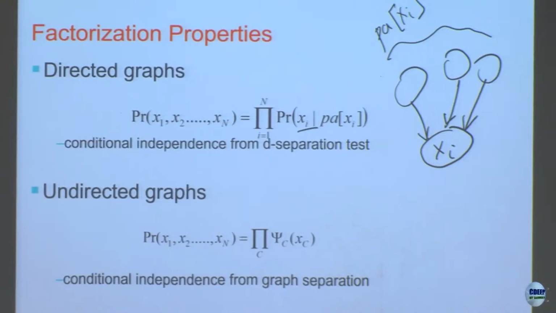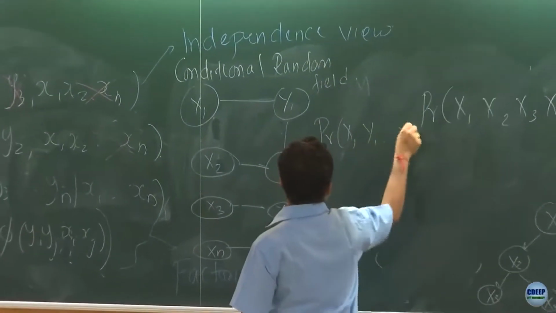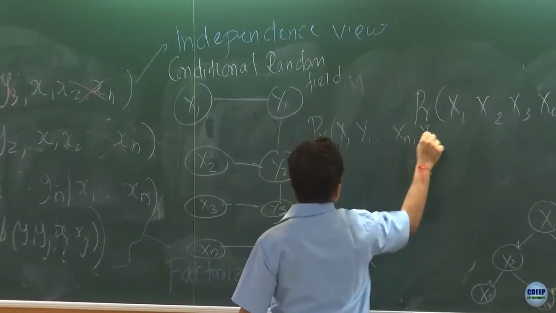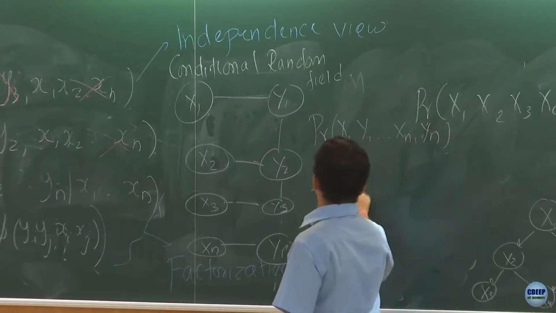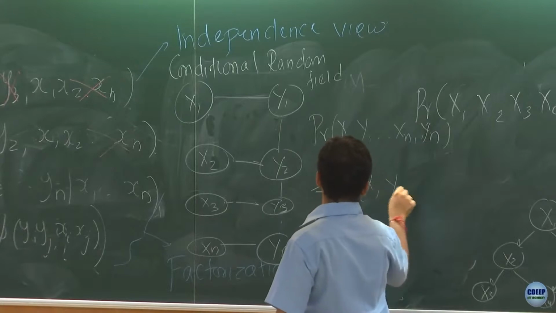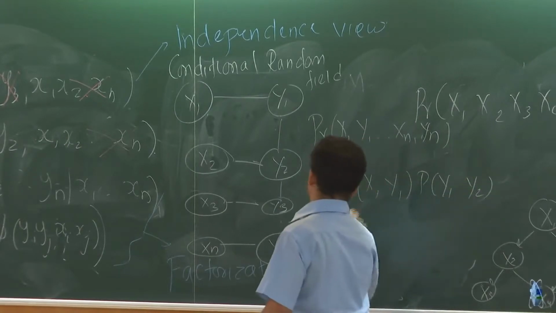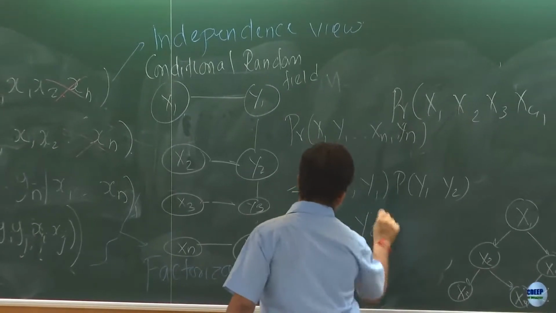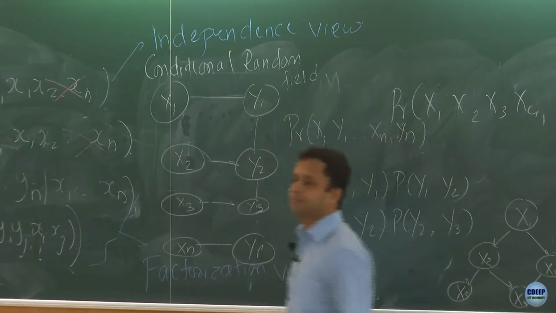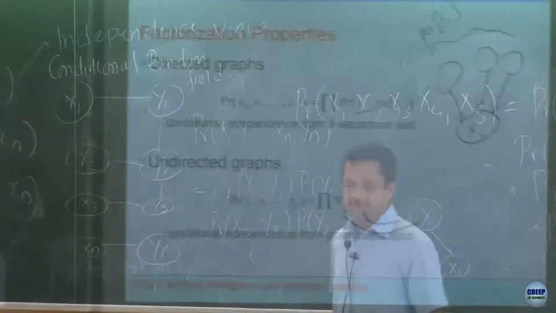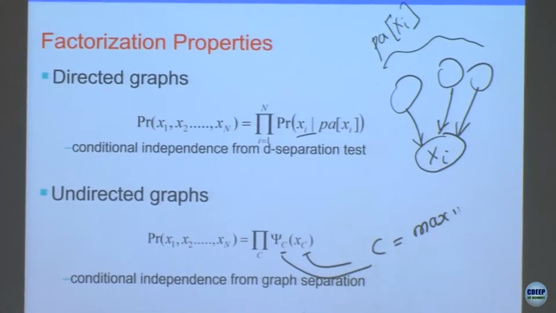So in this case, the joint distribution of x1, y1, and so on up to xn, yn is the probability of x1 comma y1, probability of y1 comma y2, probability of x2 comma y2, probability of y2 comma y3, and so on. Just the cliques. These are the maximal cliques.